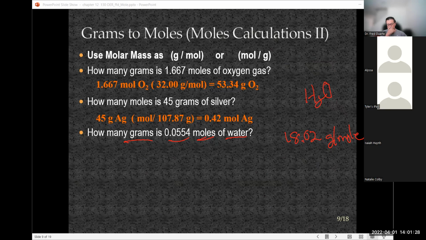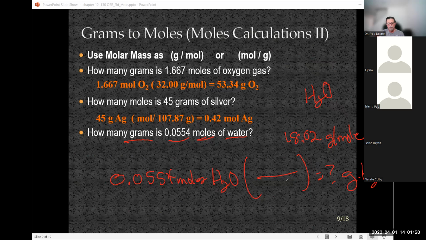Okay, let's write down what we're given. 0.0554 moles of water, and we're looking for grams of water.